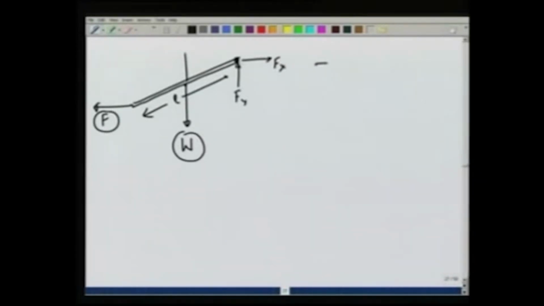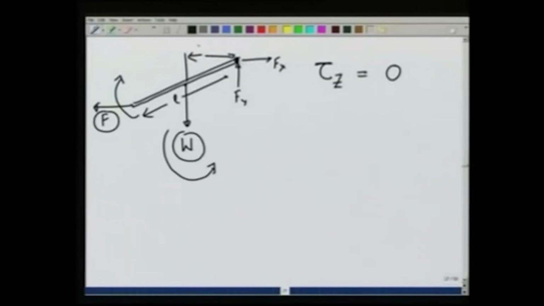If I take torque about z axis should be 0, then the weight is giving a torque in this direction, counterclockwise is going to be positive, and F is giving a torque in this direction, which is negative. Let us calculate the distances first.